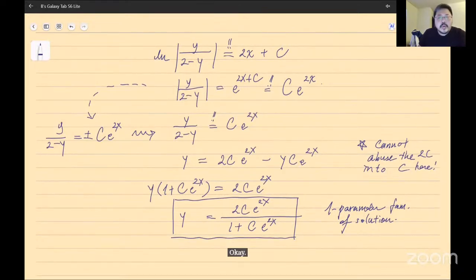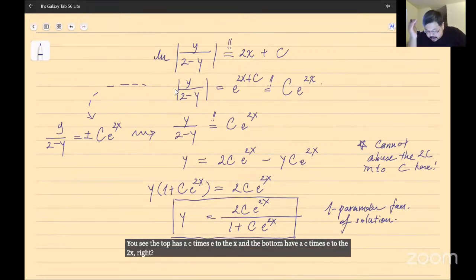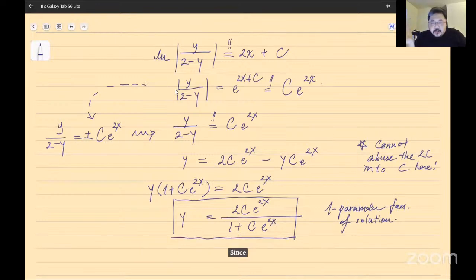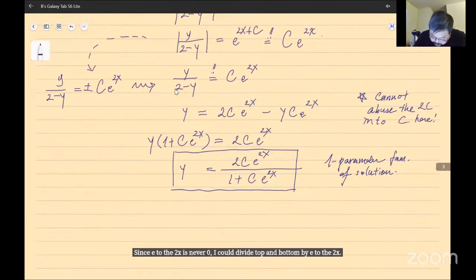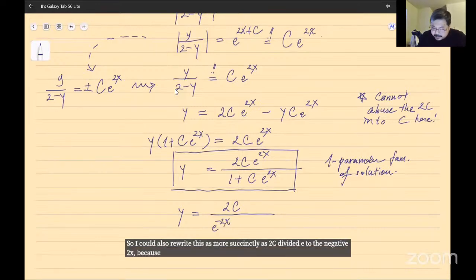Now we can do a little bit more about this. You see the top has a c times e to the 2x, and the bottom has a c times e to the 2x, right? Since e to the 2x is never 0, I could divide top and bottom by e to the 2x. So I could rewrite this more succinctly as 2c divided by e to the negative 2x plus c, like that.